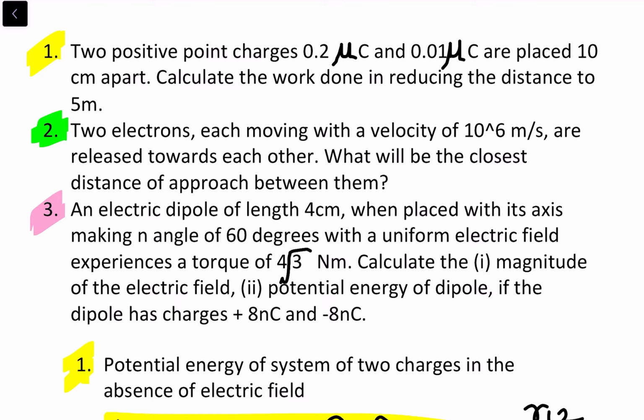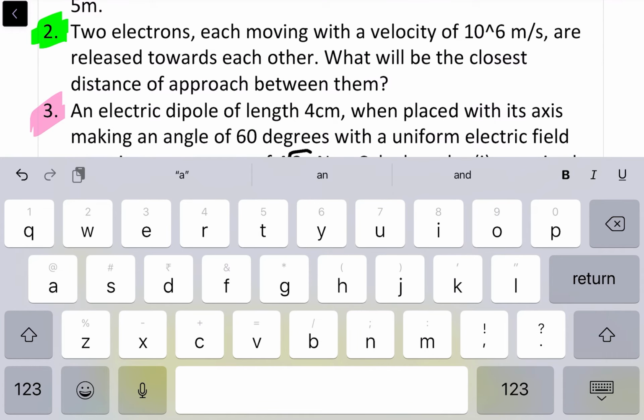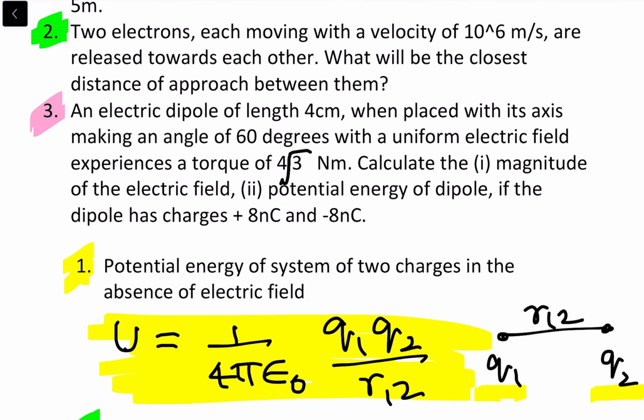An electric dipole of length 4 centimeters, when placed with its axial axis making an angle 60 degrees with a uniform electric field, experiences a torque of 4 root 3 Newton meter.